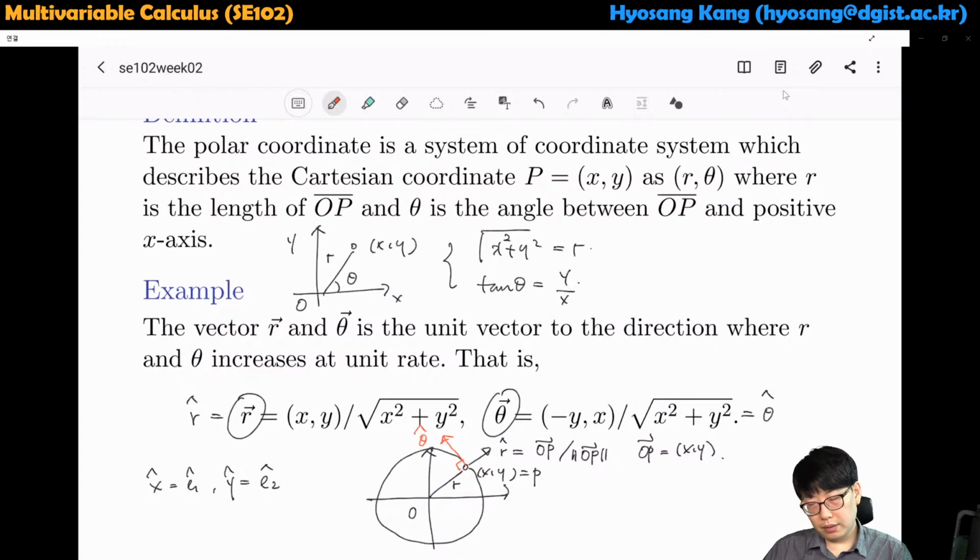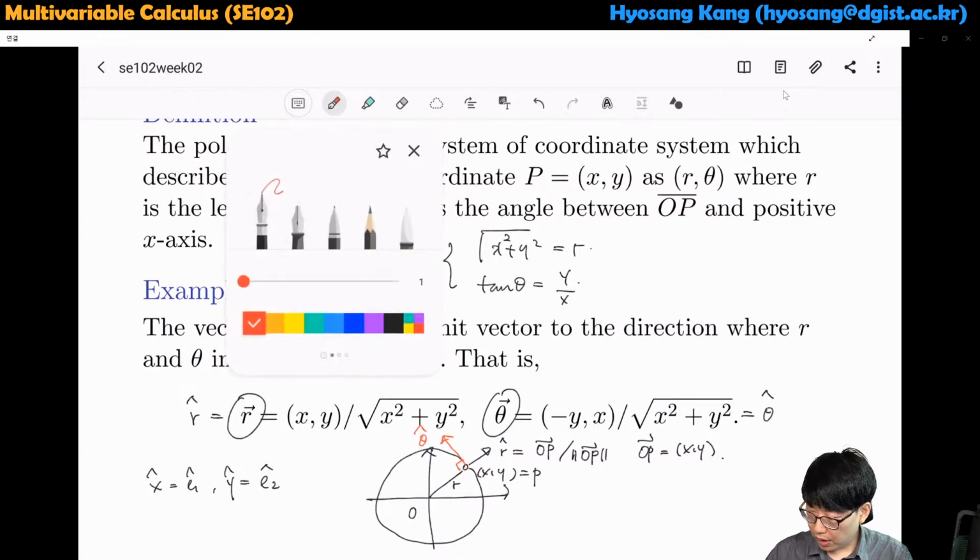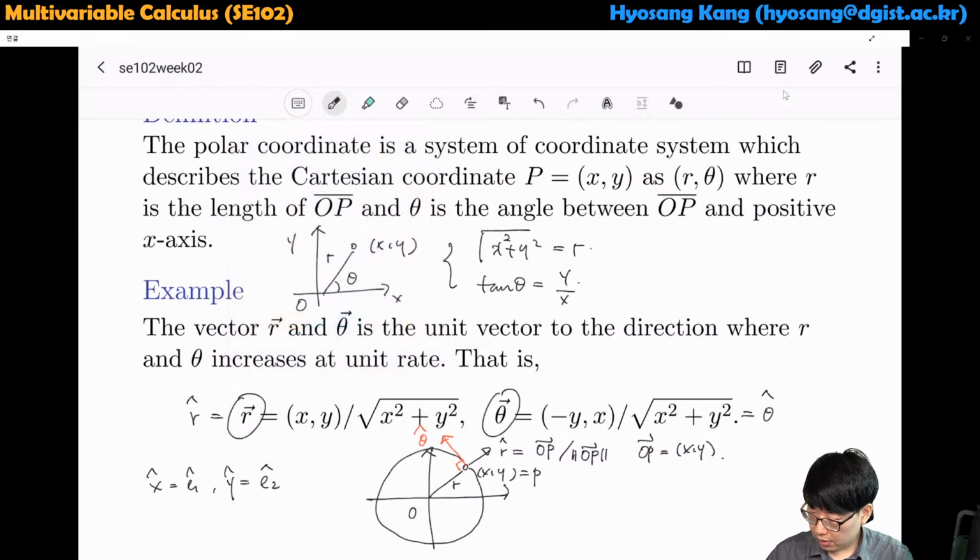Now how do we get the theta hat? The easy way is to get it by looking at the actual theta value. I want to express the theta hat using r and theta.